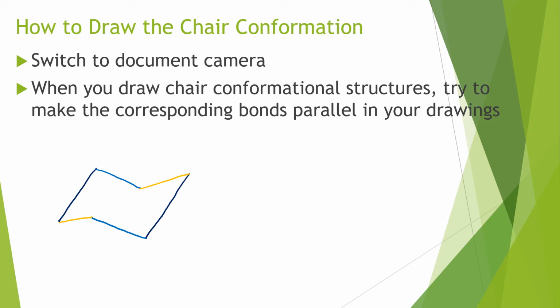So the tricky thing is actually placing the axial and equatorial positions. So looking at this carbon, the carbon is pointing up, and so the axial position is going to point up. The next carbon over is pointing down.